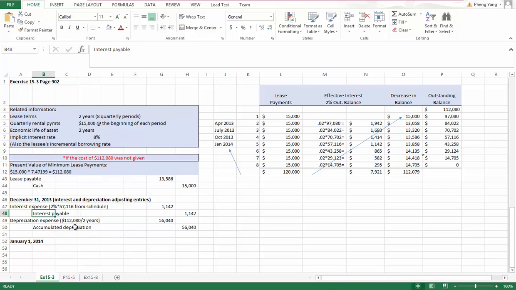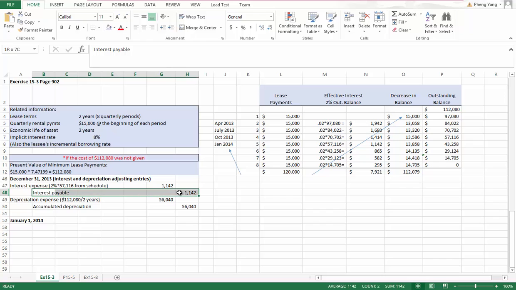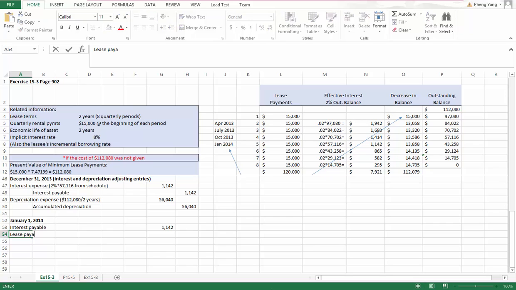When we pay it, we reduce this liability. I'm going to debit that account, and in my books I'll have a 0 for my interest payable liability as of January 1st, 2014. So my lease payable amount will be the difference from what I paid in cash, which is $15,000.